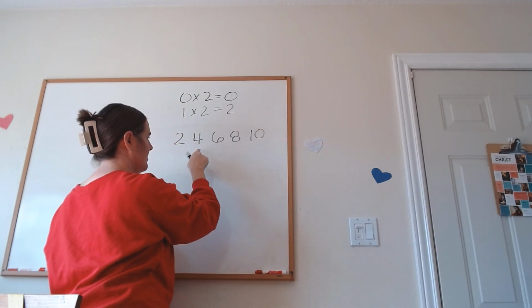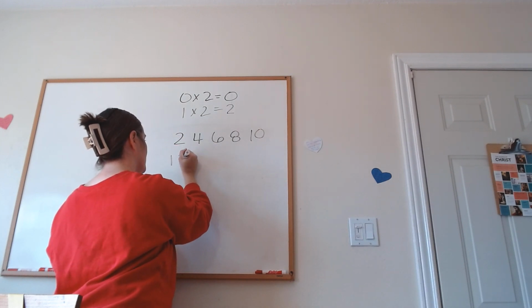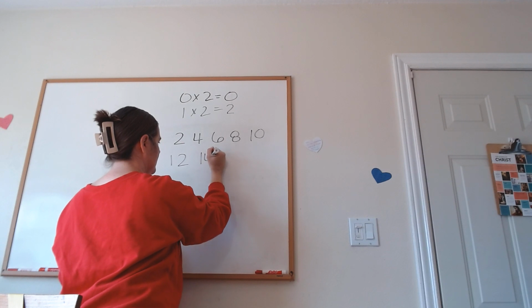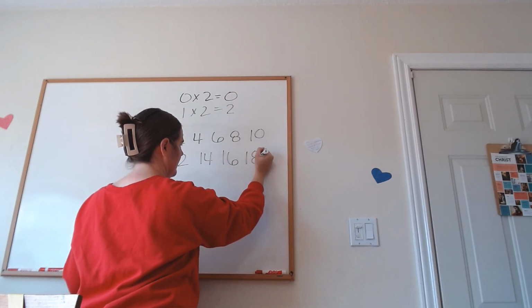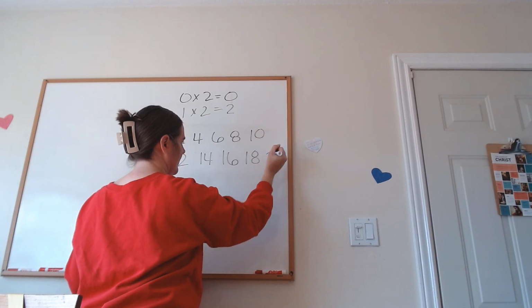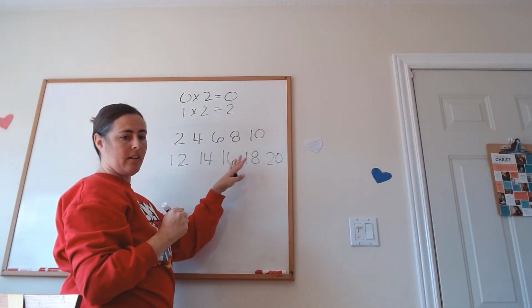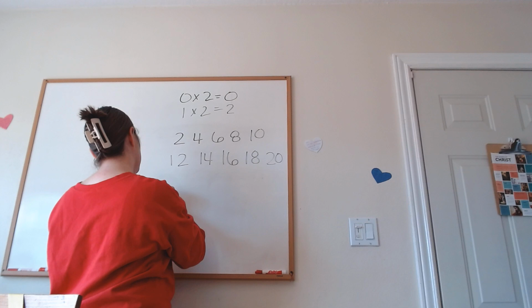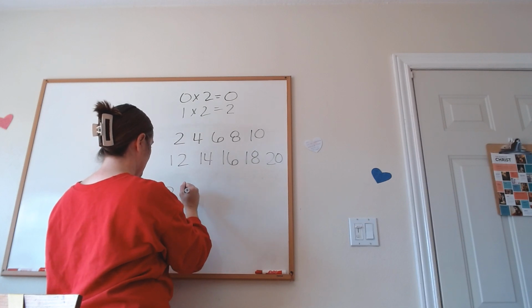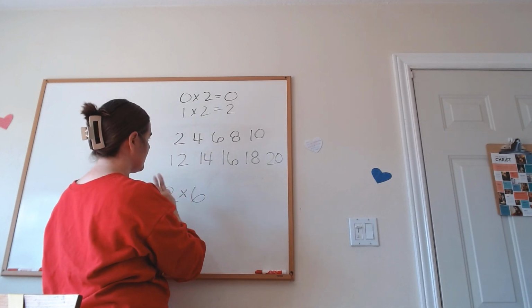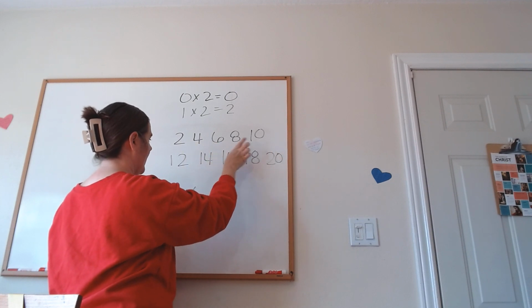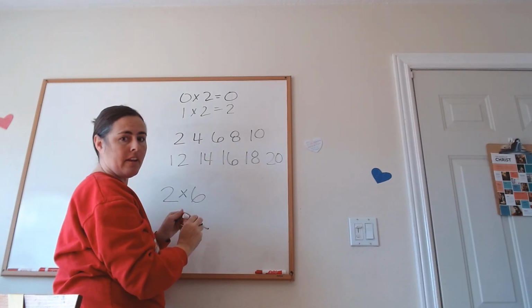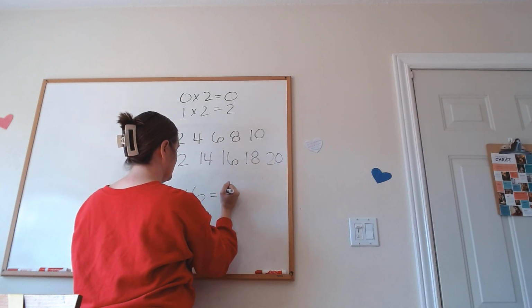So we're just counting by 2's. 12, 14, 16, 18, 20. So this would also help with our time. So we're going to go 2 times 6. You could skip count. 1, 2, 3, 4, 5, 6. And then know that the answer is 12.